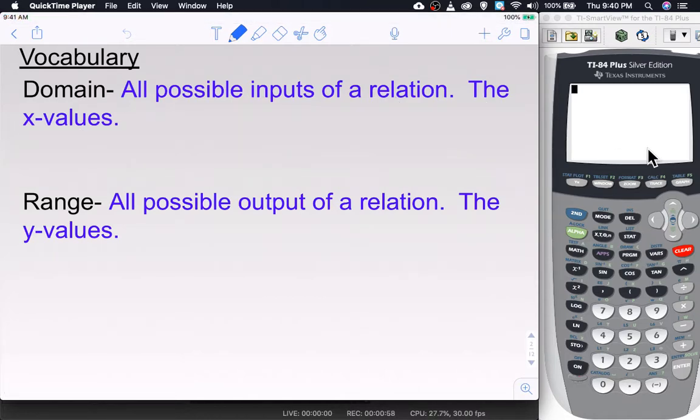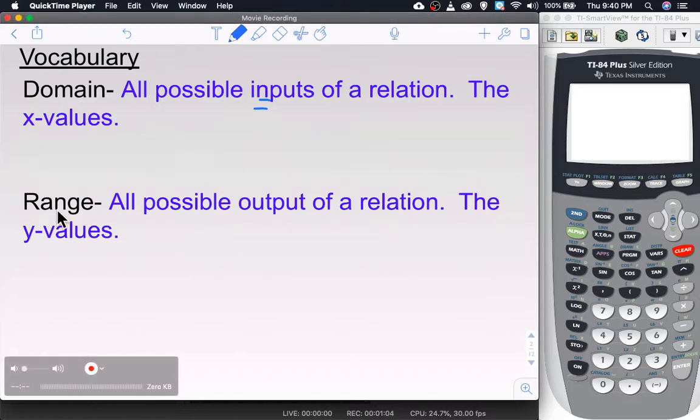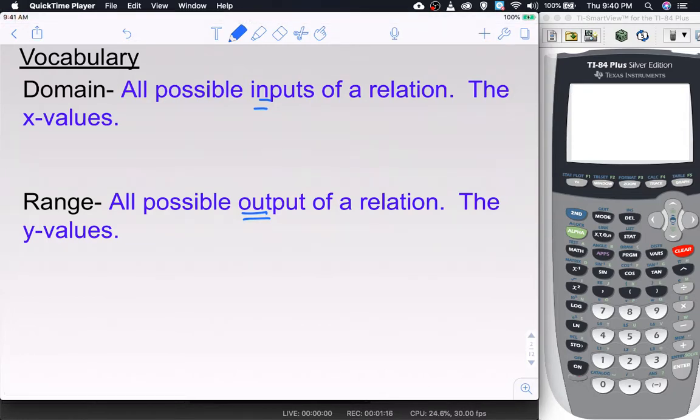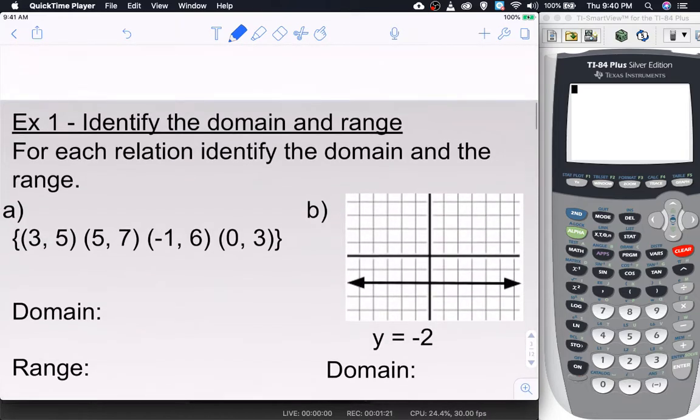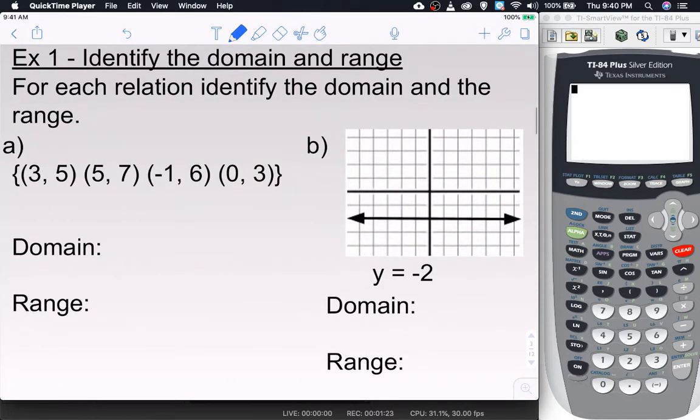So whatever you plug into the function, the inputs, that is the domain. The range is then all the possible outputs of a function or of a relation, and those are typically the y values. And we're looking for all possible inputs and outputs. And it's kind of different from different types of data display.